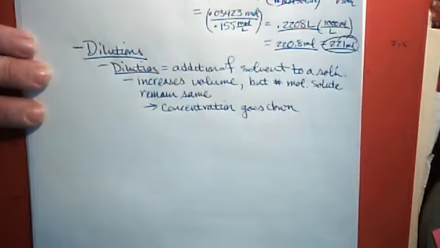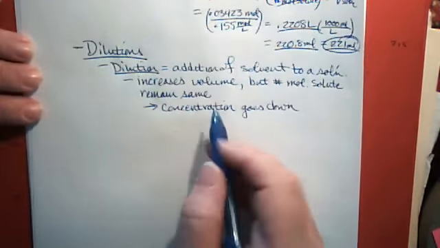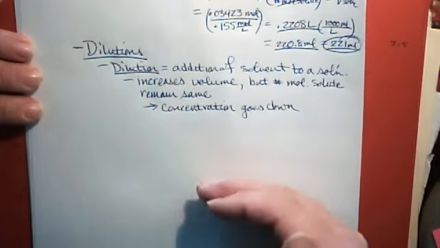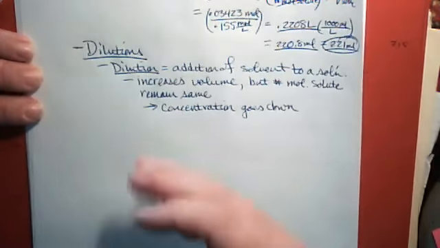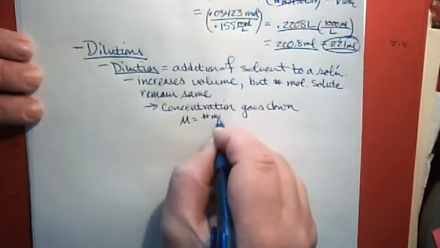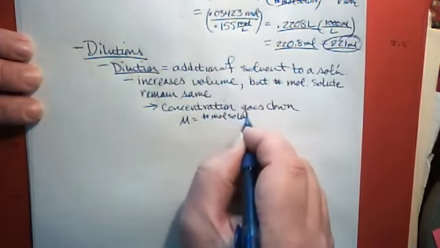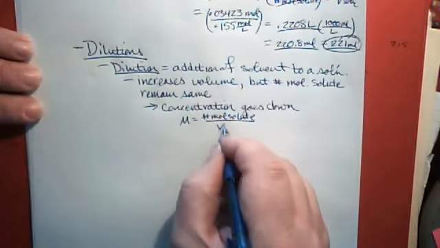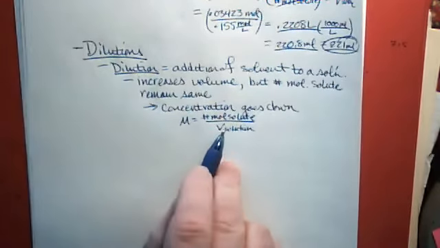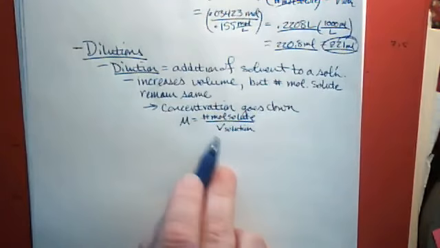concentration goes down. So dilution has the effect of reducing concentration because concentration is the number of moles per liter or volume of solution. Dilution is adding solvent.